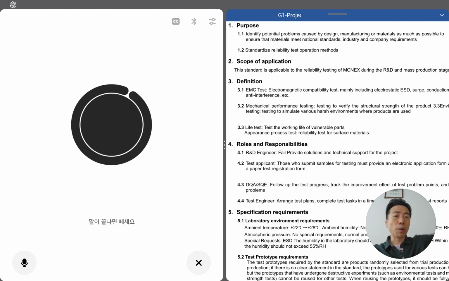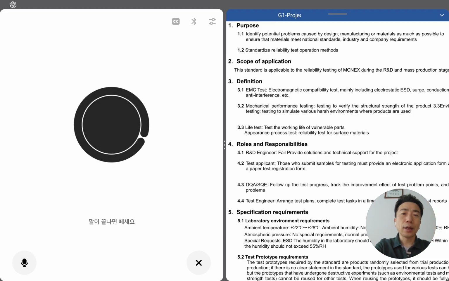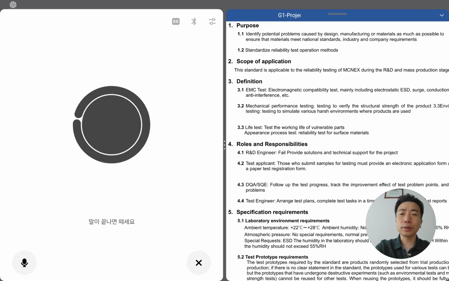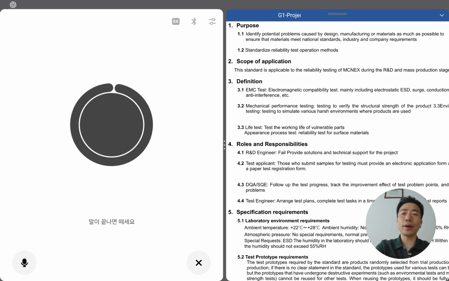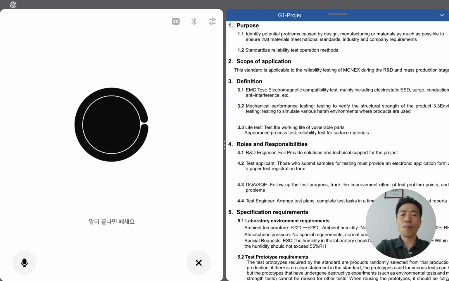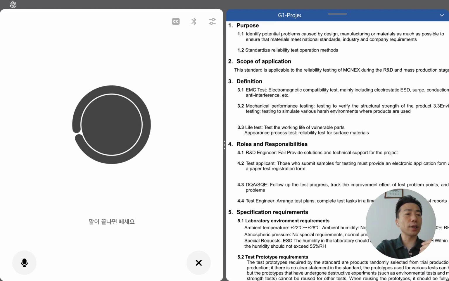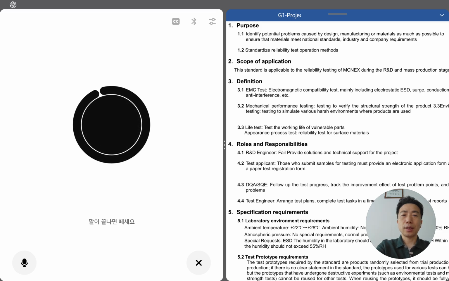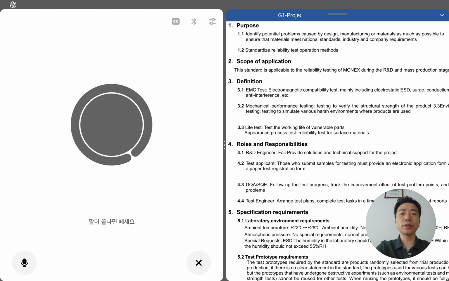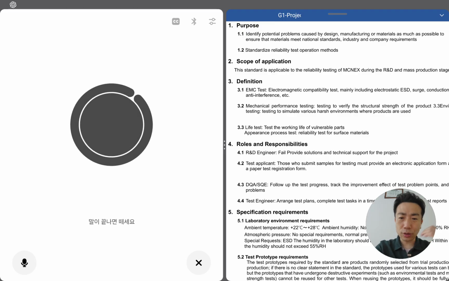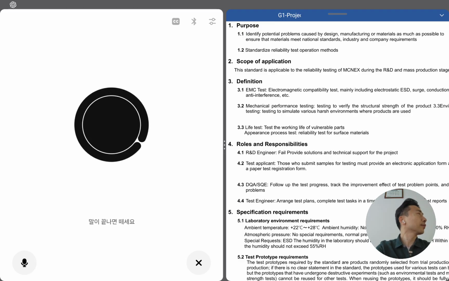Here I go, GPT. The purpose of this document is to define standardized reliability test methods and acceptance criteria for our golf rangefinder. I mean, golf rangefinder watch, hands-free watch. It ensures that any issues from design, materials, or manufacturing are found early, so the final product meets both national and company quality standards.